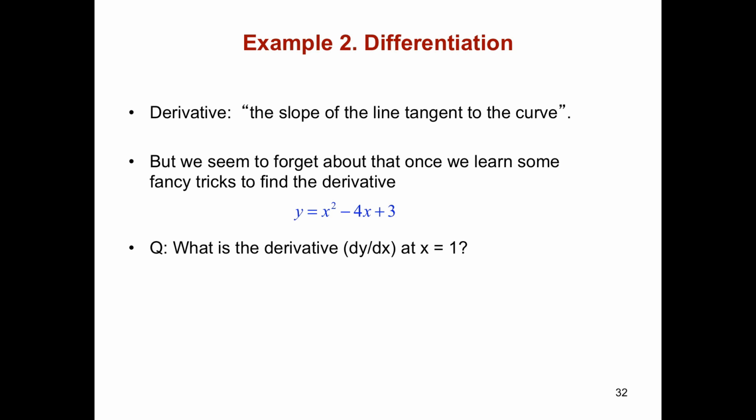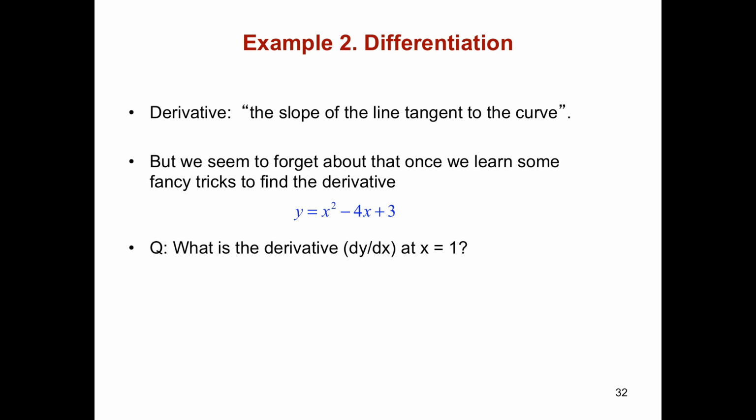Okay. So the second example would be differentiation. Again, if I had a simple formula, y of x equals x squared minus 4x plus 3, this being a polynomial, if I ask you for dy dx at x equal to 1, you're going to tell me it is what?